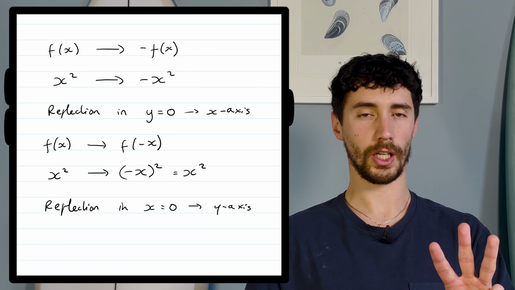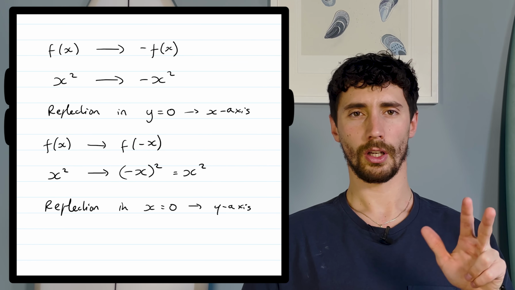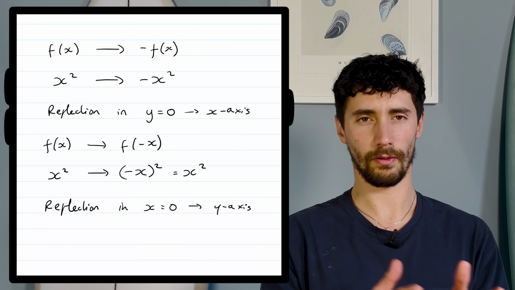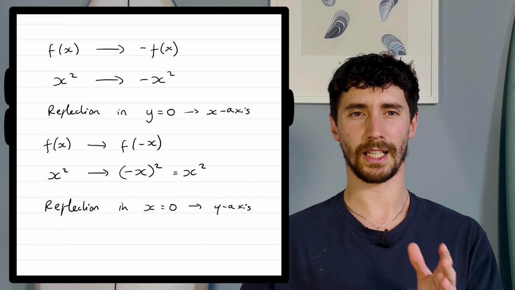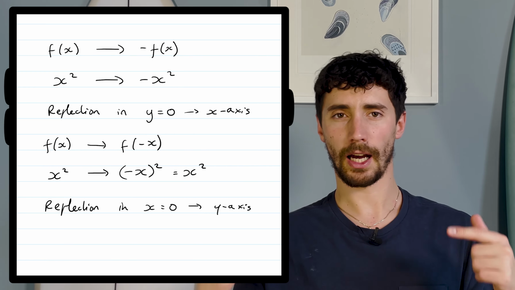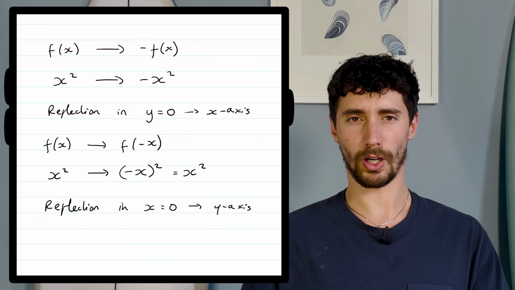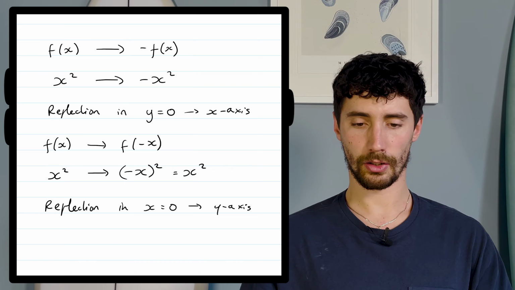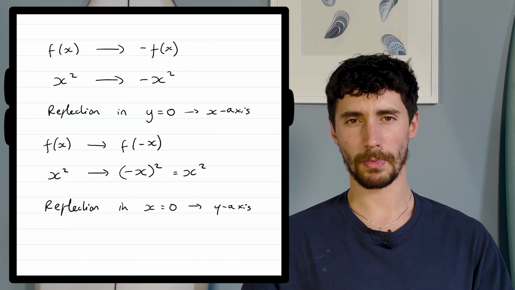So for all three, your translations, your stretches, and your reflections, think to yourself, input versus output. Am I changing the input? If so, I'm looking at the x direction. I'm looking horizontally. If you are changing the output of the function, you're looking vertically in the y direction. Applying that to any graph transformation is going to be massively helpful.